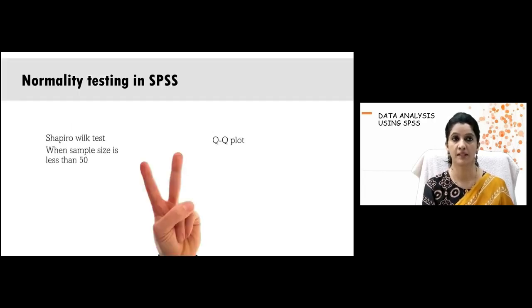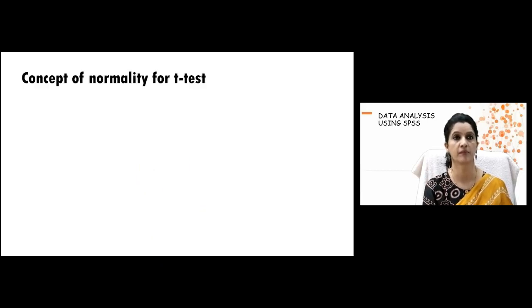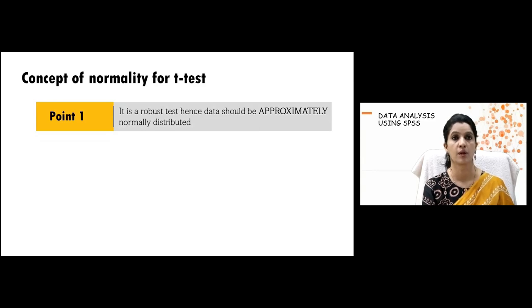Normality testing: what we do normally in SPSS is, when the sample size is less than 50, we use the Shapiro-Wilk test. When the sample size is more than 50, we use the QQ plot. The concept of normality for the t-test is basically that we check it across each group.